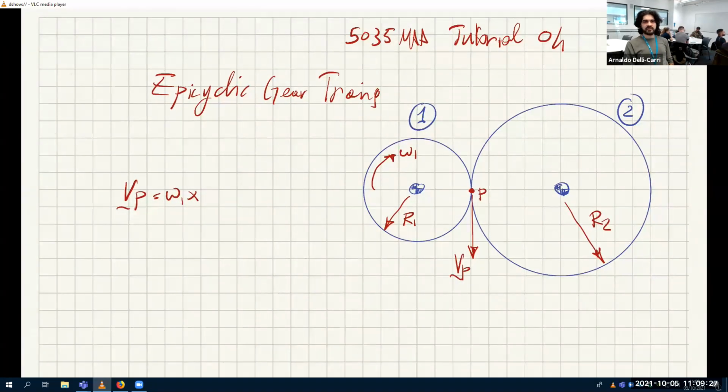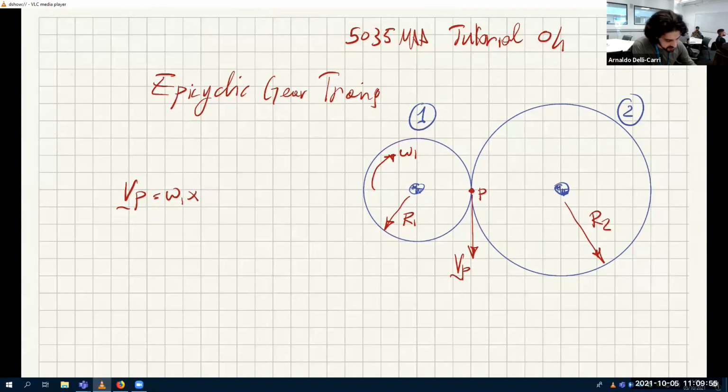Remember the kinematic relationship from first year, when we did rotational motion: any point that is rotating around a fixed point has a velocity equal to omega, the angular velocity of the entire body, times the distance at which that point sits with respect to the fixed point.